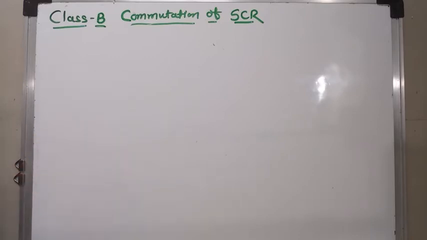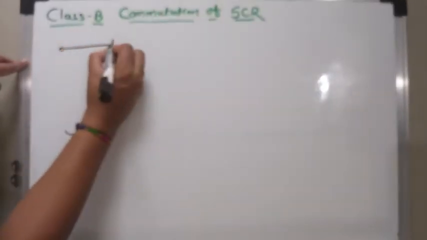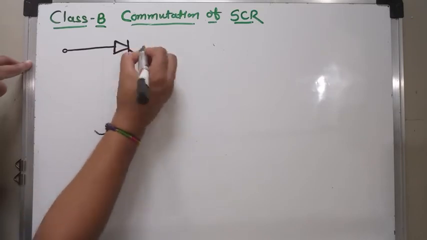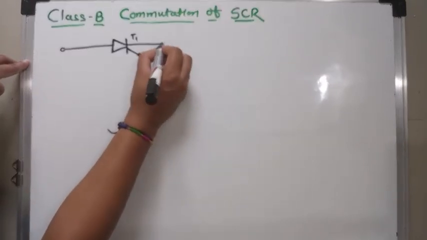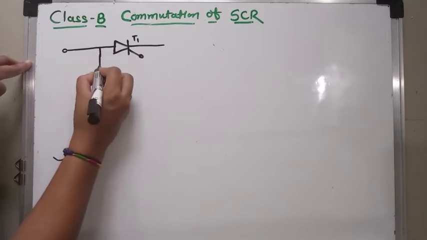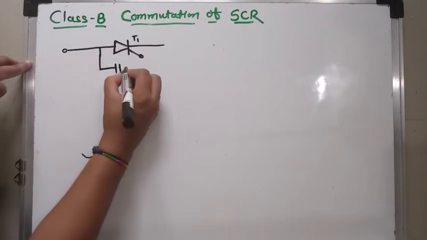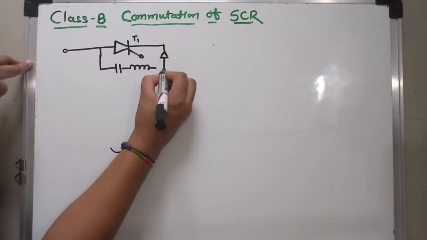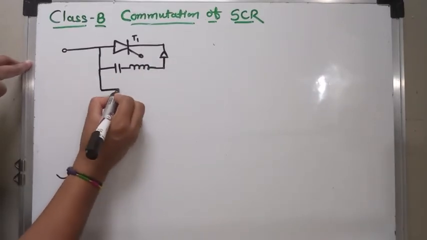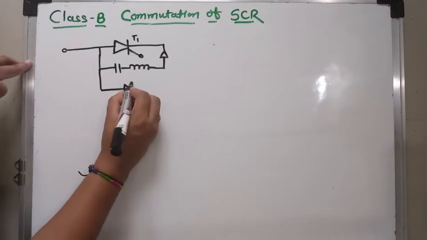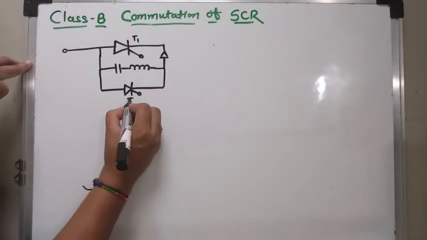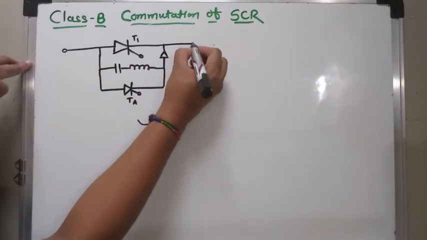What is the circuit of the class B commutation? Here there is a thyristor T1, then a capacitor and inductor, a diode, another thyristor that is labeled as the auxiliary thyristor, and a load.